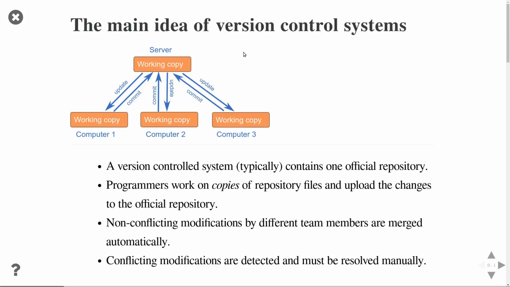But once computer 2 tries to upload its changes to the server, this is when Git will complain and say there are conflicting changes here. First it will try to merge these conflicts automatically, but if that fails, then it asks the user to resolve these conflicts manually. So when you upload something to GitHub, you might be told: I can't upload it, there are merge conflicts, please fix them manually and then try again.